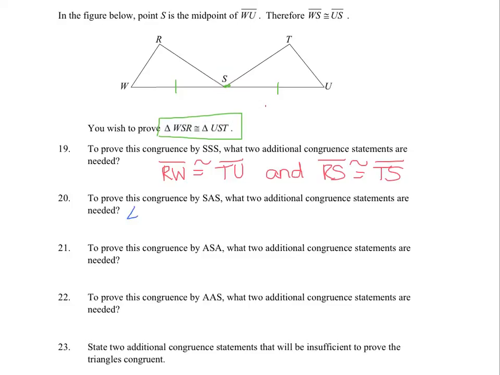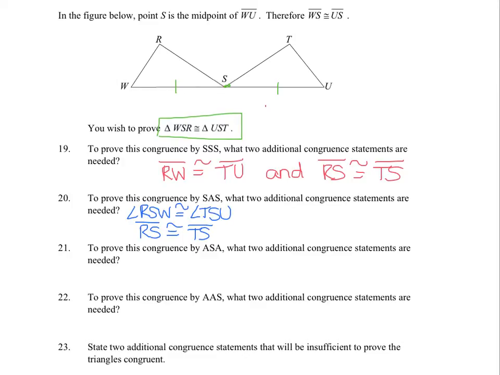One is that angle RSW is congruent to angle TSU, and RS is congruent to TS. So that's saying this angle right here is congruent to this angle. And no, we can't say angle S because we don't know what angle that is. And that this side is congruent to this. So we'd have side, angle, side.